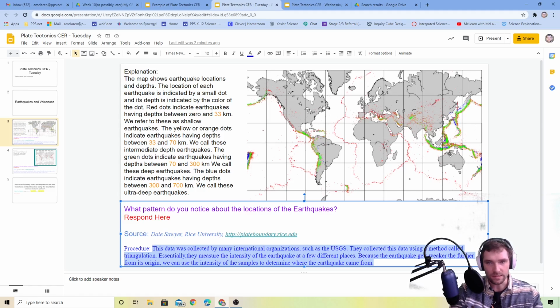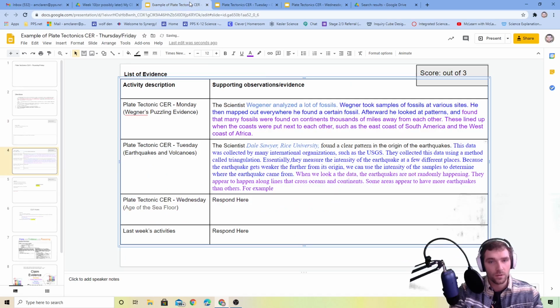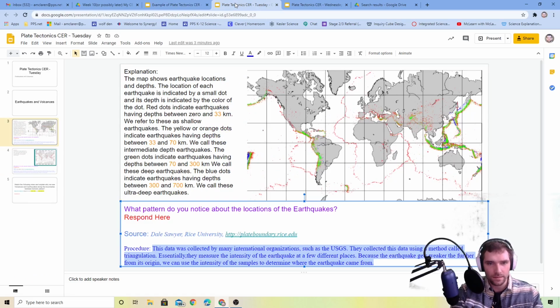You can see a whole lot of deep earthquakes, and a lot of them along basically the Philippines and Japan. There are a lot of deep earthquakes ranging, what was the depth that they said? I see a lot of green, mostly 70 to 300 kilometers.